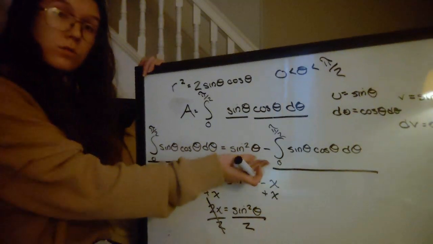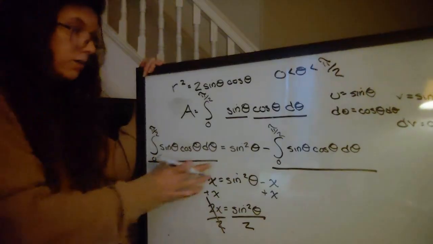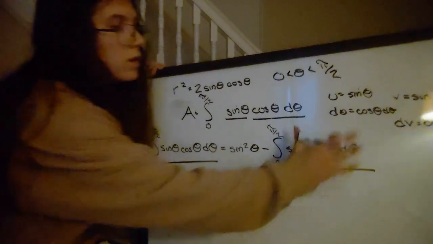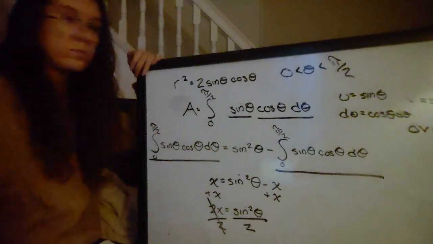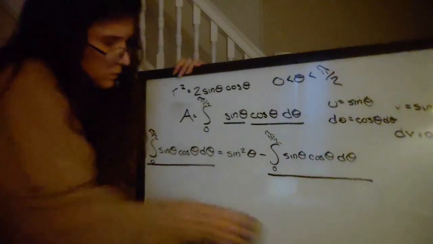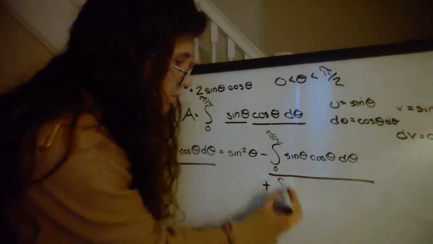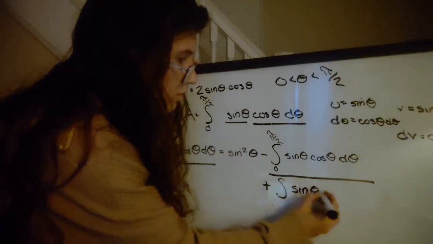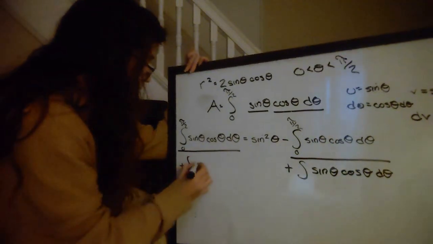So that's what I'm going to do, even though it's a scary looking integral. I have this equals this minus this. I can add an integral and add the same integral.